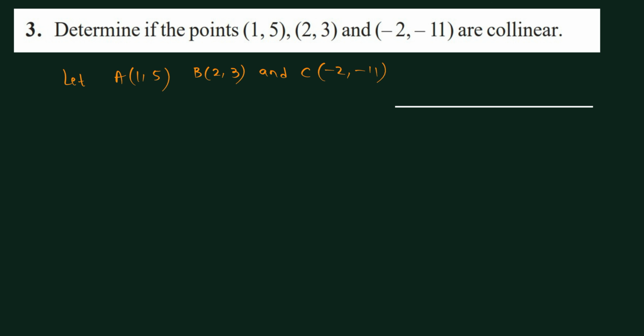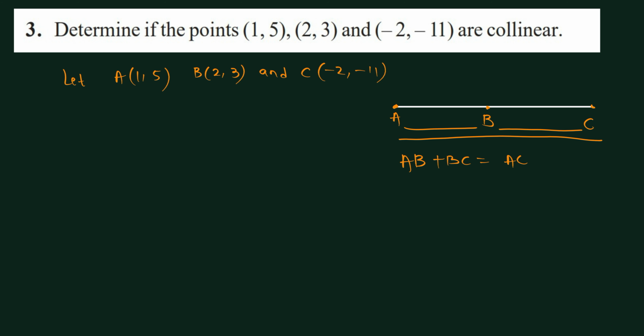Let us say this is the point A, this is the point B, this is C. What is the condition to prove collinear? Here AB plus BC equals AC. Can I write like this? AB plus BC, total value is equal to AC. We need to prove this condition.